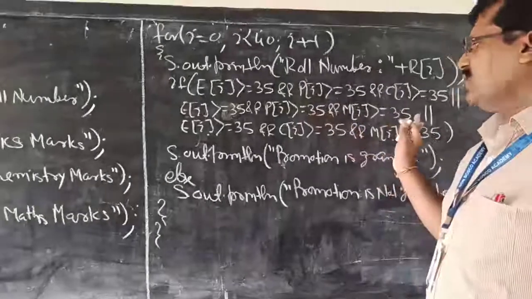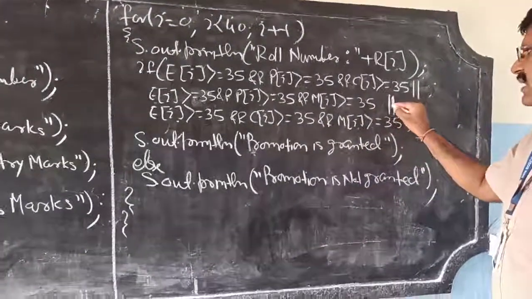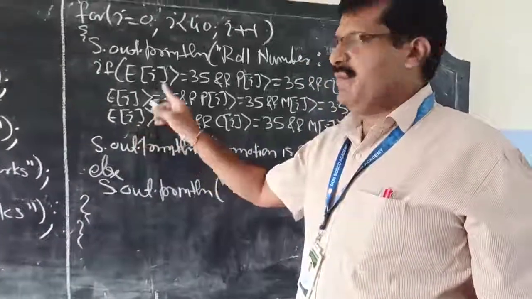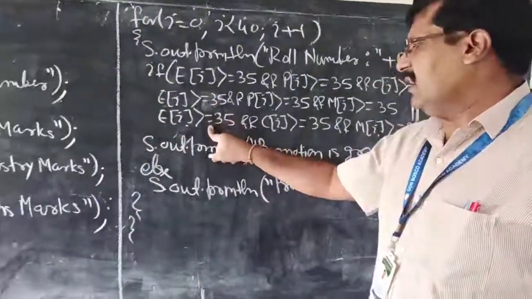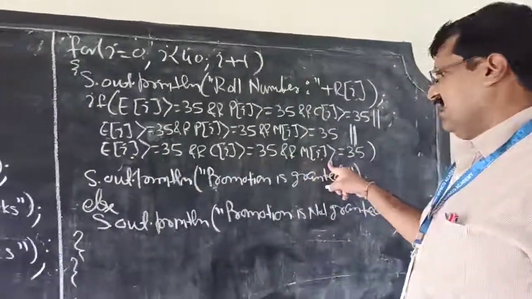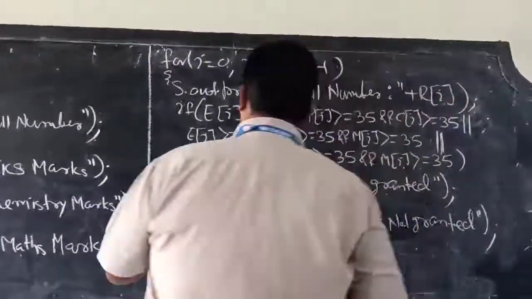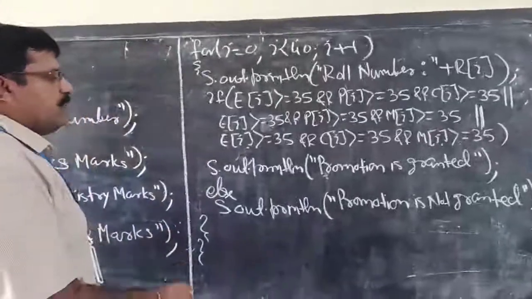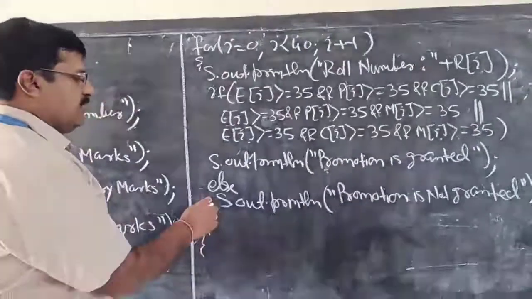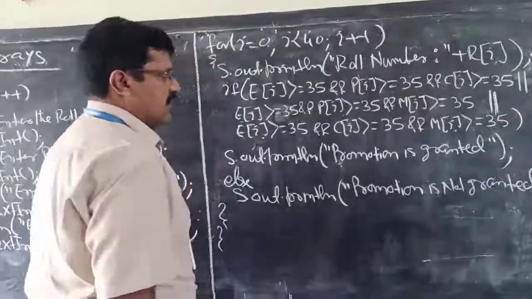If this condition also is false, then again there is one OR. Again check the third group: if pass in English, E[0] greater than or equal to 35, and pass in chemistry and pass in maths. If in any of these three groups the student has passed, then the output will be promotion is granted. Otherwise the output will be promotion is not granted.